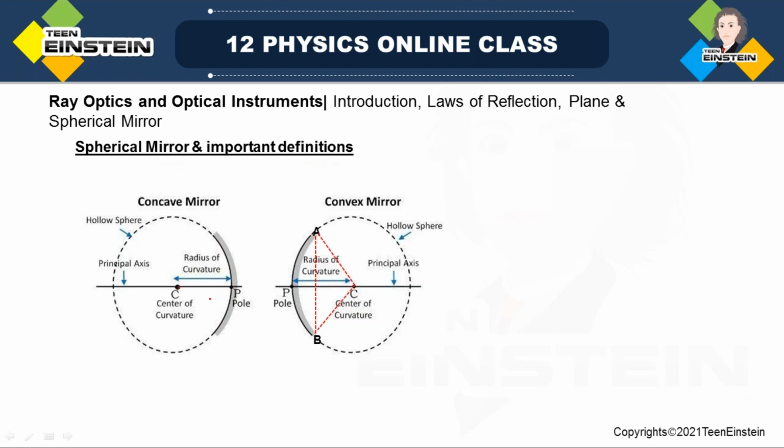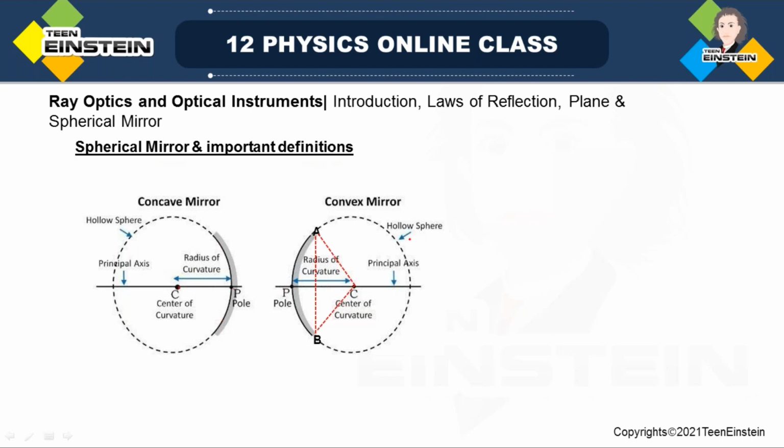Look here, the center of the sphere. The mirror is like a part of a sphere, and the center of that sphere is called the center of curvature. I'll just repeat that. It is the center of the sphere of which the mirror forms a part.